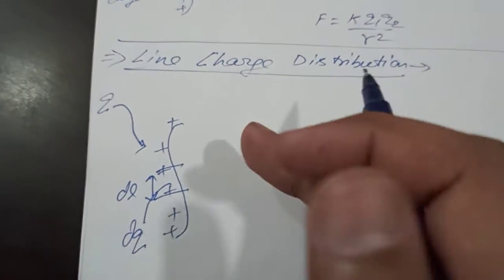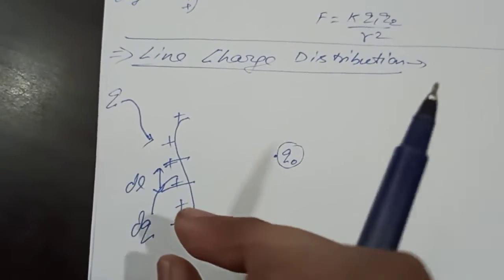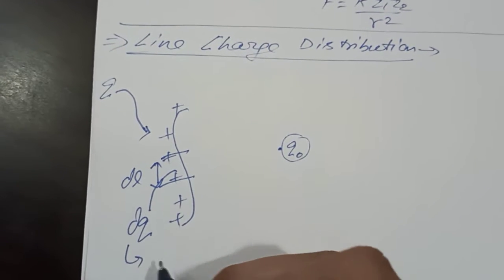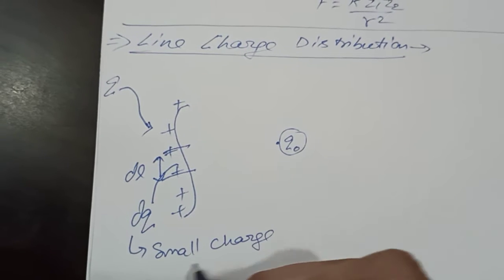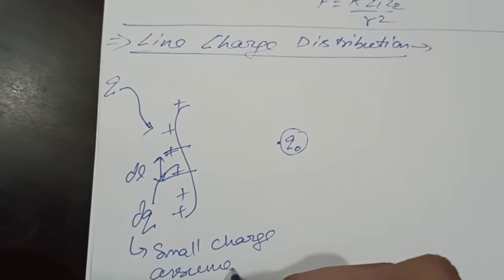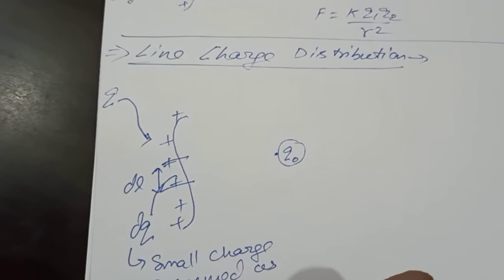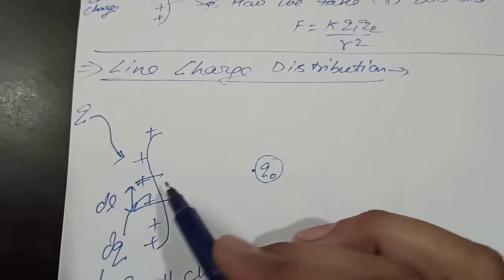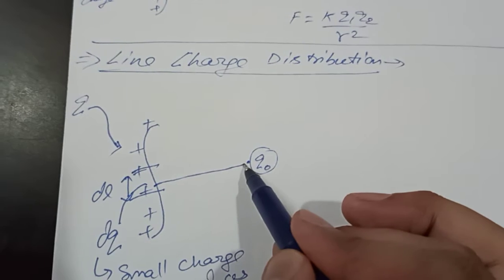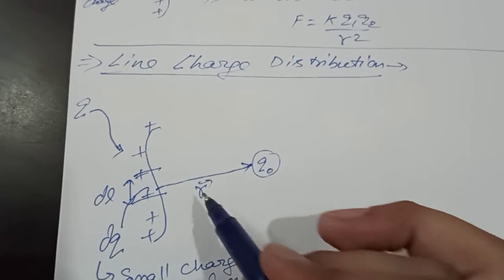We have assumed this small dq amount of charge as a point charge, because the formula is only for point charge. Here from this point the distance is r.